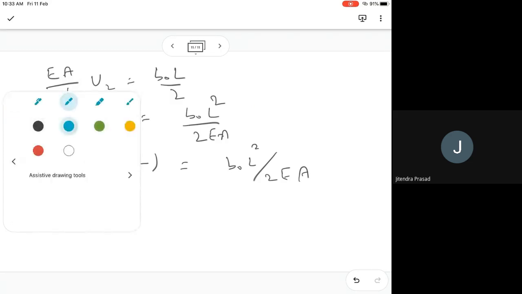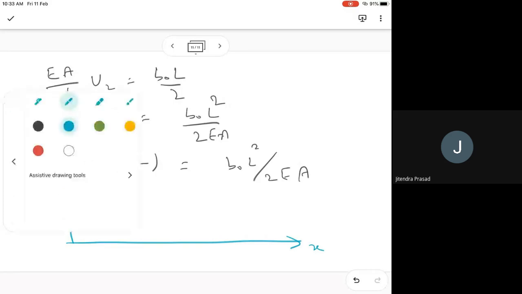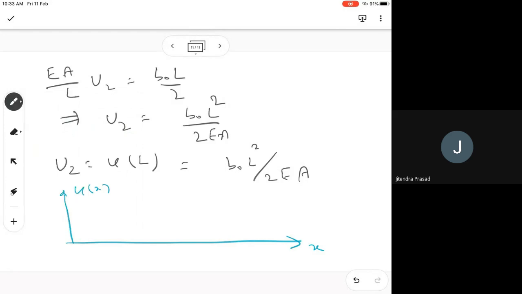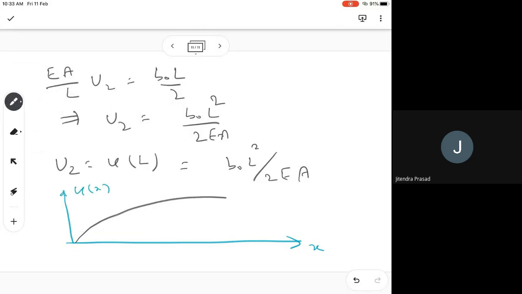So far, if you see your solution, so this is X, this is UX, and your exact solution goes something like this. So this one is L, this is 0, and this is the exact solution.